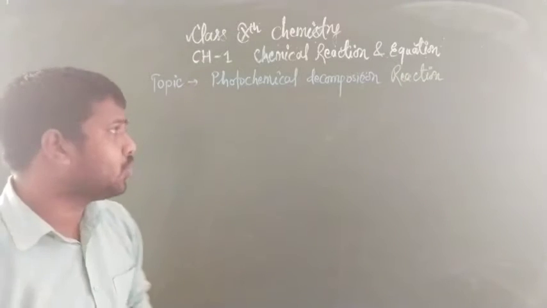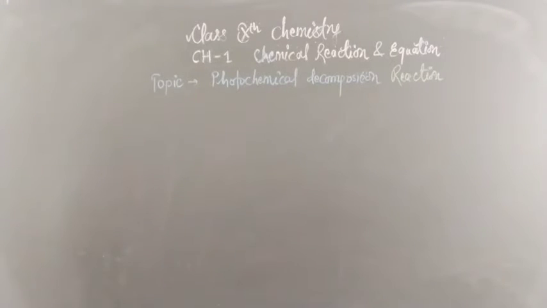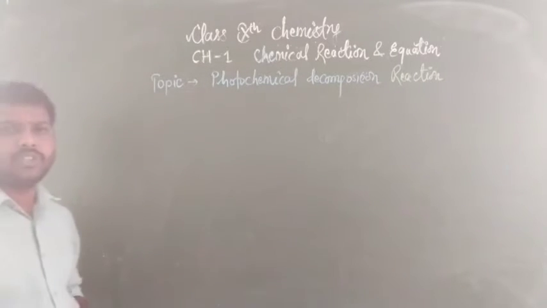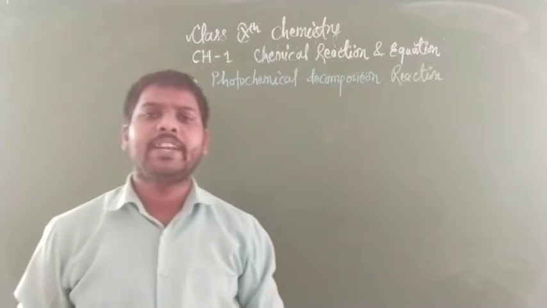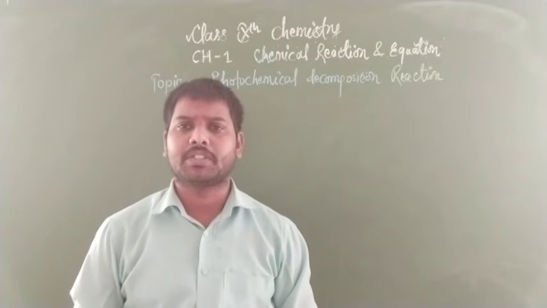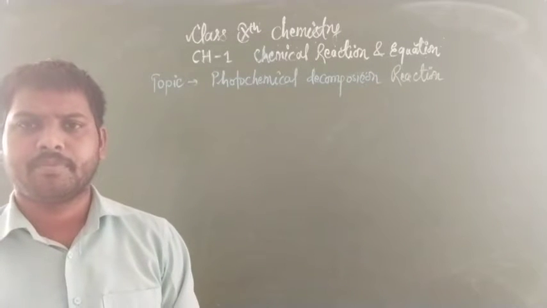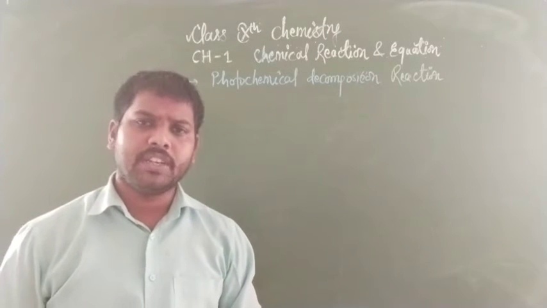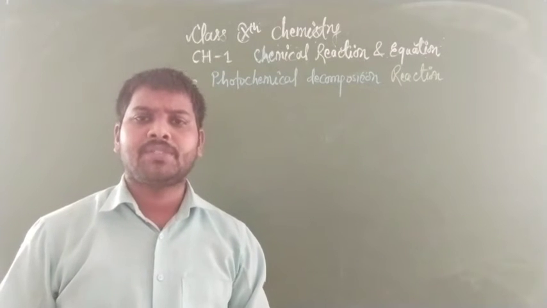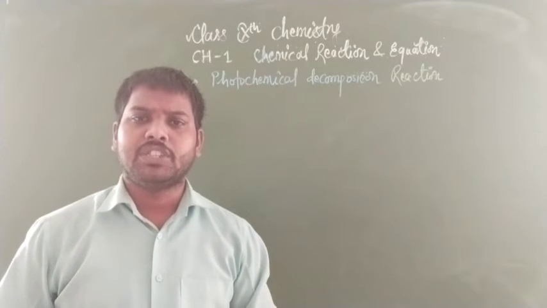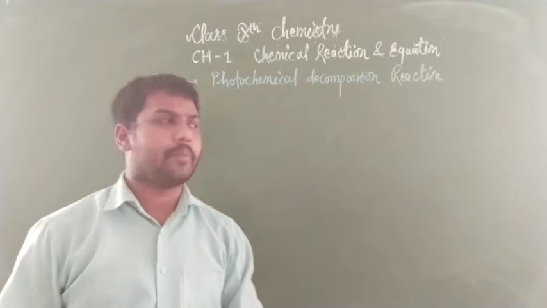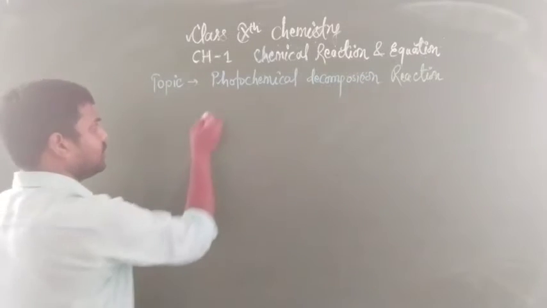Clear? So you can say those decomposition reactions which are carried out by light are called photochemical decomposition reactions. Means when the compound breaks with the help of light, this reaction is called photochemical decomposition reaction.